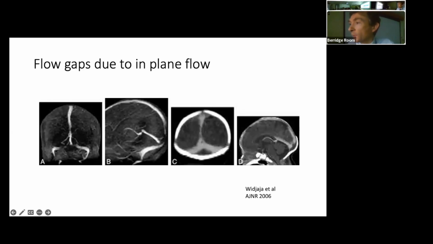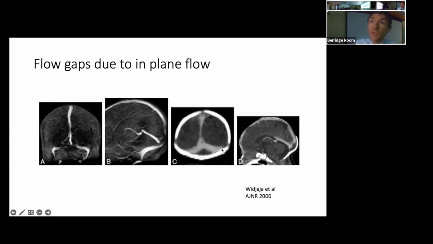Okay, so these images are also from a paper here, again from Toronto, but this is showing MRV, and it looks as though there's occlusion or absent flow in the distal sagittal sinus and proximal transverse sinuses.